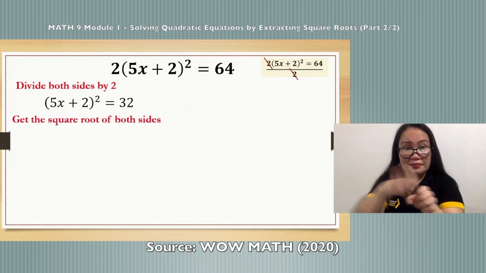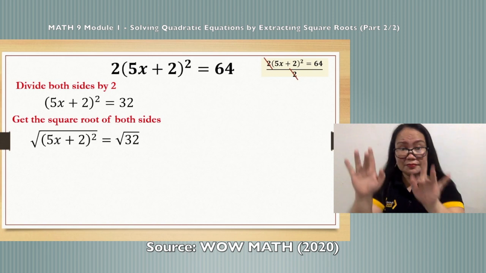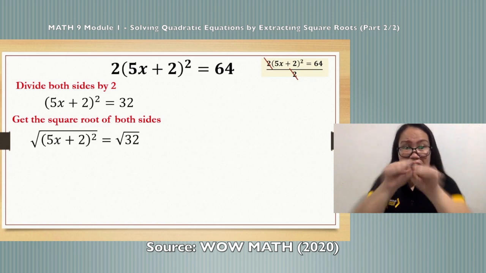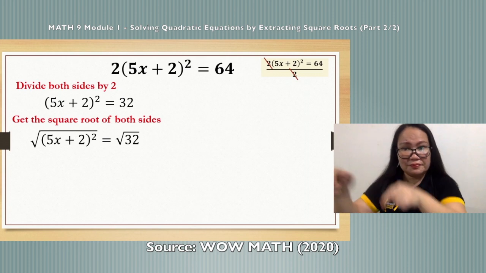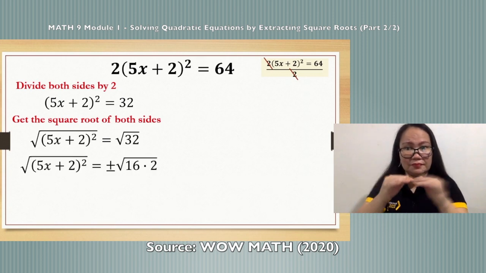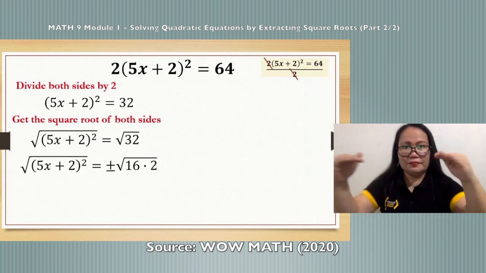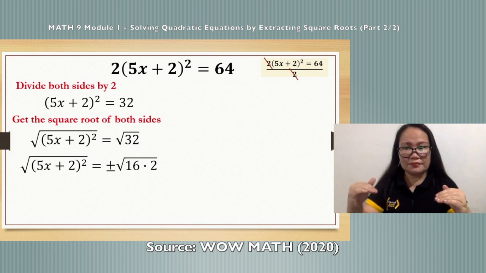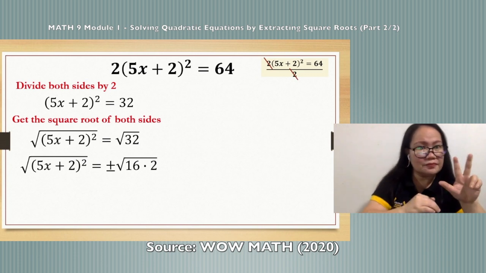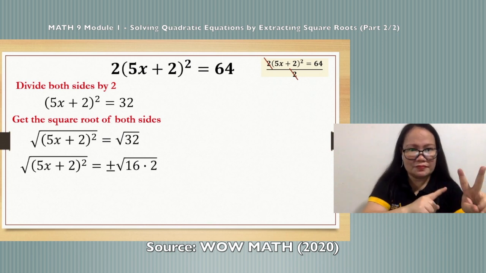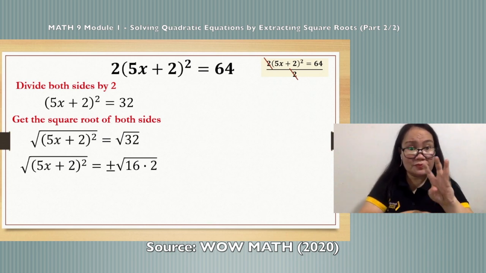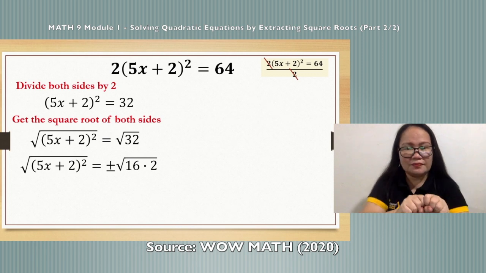And then, get the square root of both sides. So, we now have the square root of the square of quantity 5x plus 2 is equal to the square root of 32. So, get the factors of 32 na merong perfect square. Since 16 times 2 is equal to 32 and 16 is a perfect square, ito ang magagamit natin.